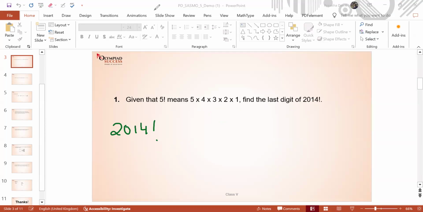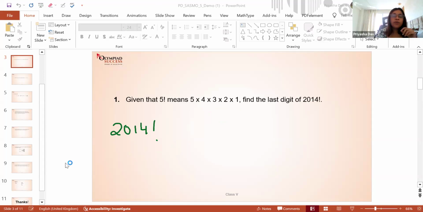So here you have to apply your brains and not do any mathematical calculations. Tell me what can be the possible value at the end. Maybe 4 itself.